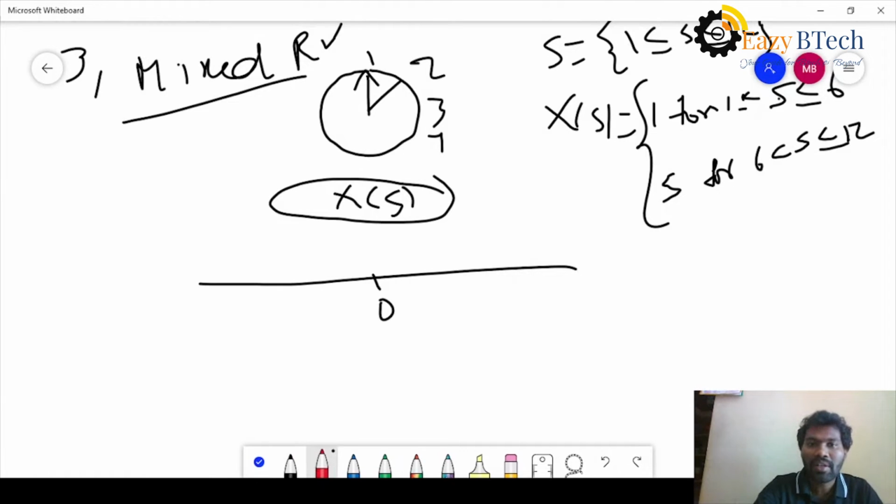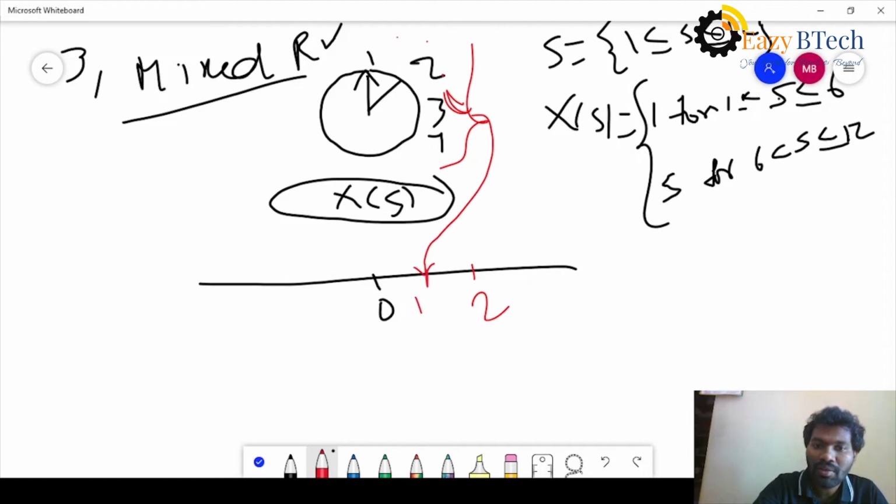For whatever value from 1 to 6, the value is 1.